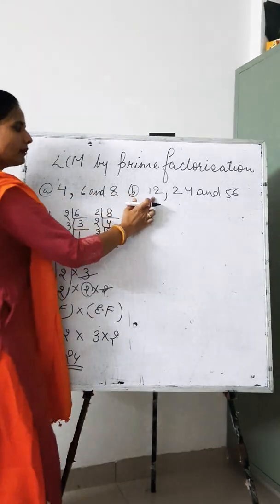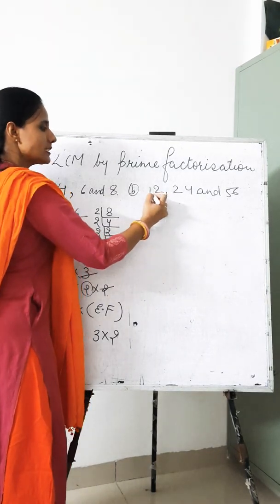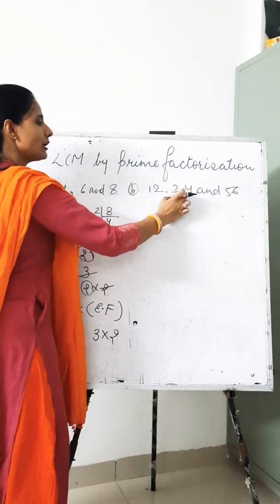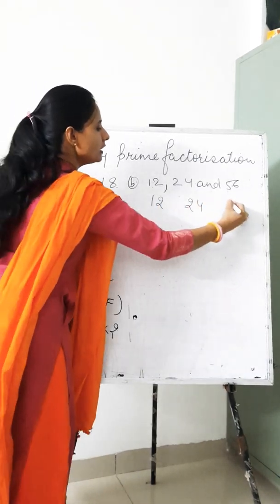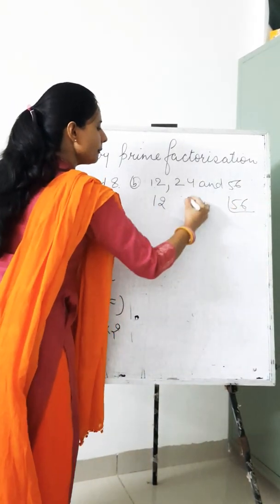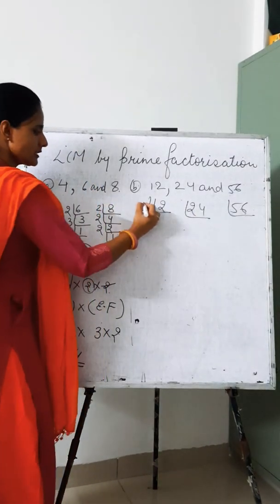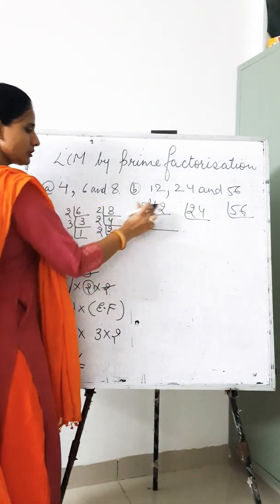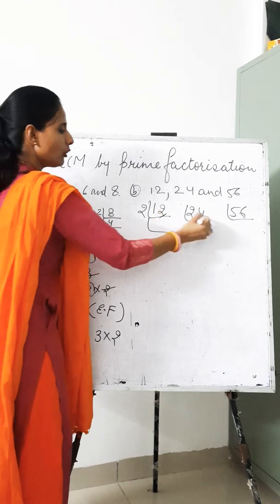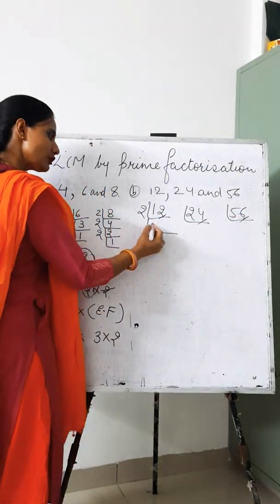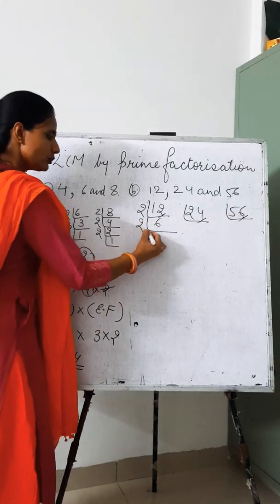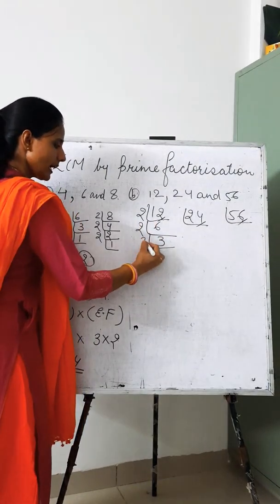Now in the same manner you have to find out LCM of 12, 24 and 56 by prime factorization. You have to put these numbers in separate boxes. So find out factors of 12. As I know that all these are even numbers at the ones place, so it will go with 2. 2 6s are 12, 2 3s are 6 and 3 1s are 3.